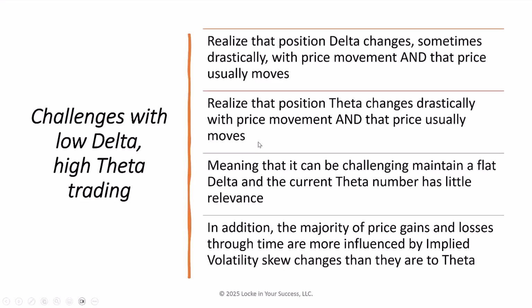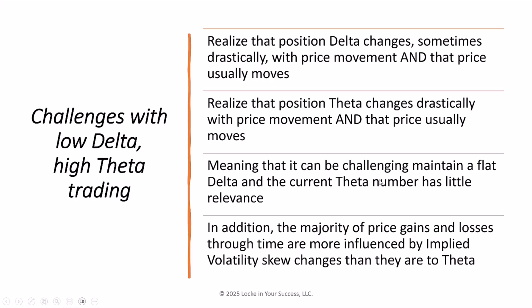So ideally, if you really want to take advantage of theta, you would try to take advantage of theta where the price is going, not where the price is now. Meaning the theta on your analytical chart isn't particularly useful where you're at a particular time. Because we get these price movements, it can be very challenging to maintain a flat delta, particularly if we're closer to expiration. Also, the current theta number has very little relevance because, as the price moves, the theta number changes.